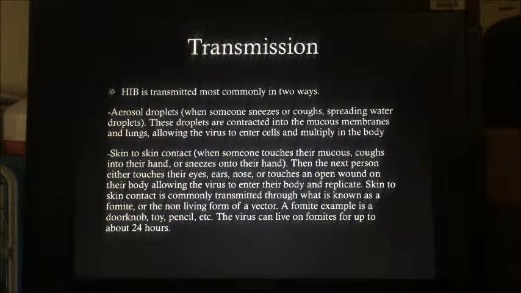When someone touches mucus, coughs into their hand, or sneezes onto their hand, touches another person, and that next person touches their eyes, ears, or nose. It can also be transmitted through a fomite, which is a non-living vector. That's like a toy, doorknob, pencil, things like that. So then the next person touches their eyeballs and the bacteria is spread that way.